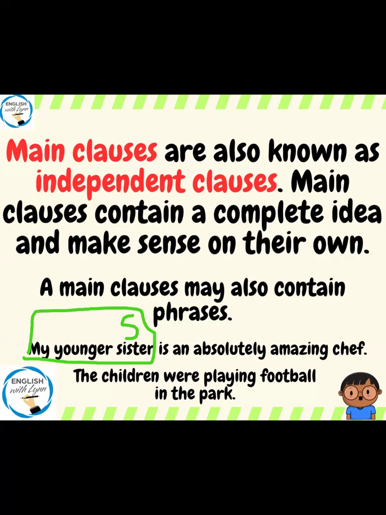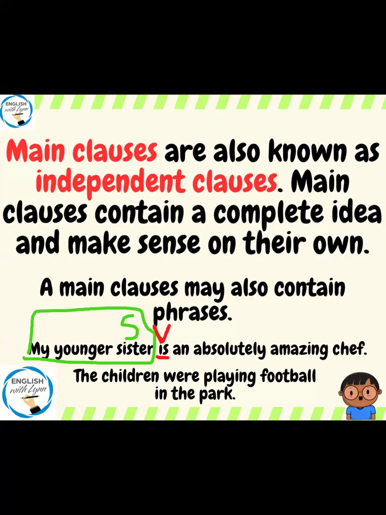Then I have the verb, and within this sentence, the verb is linking the younger sister to being an absolutely amazing chef. So the verb is the word is, and it is used to link the two ideas together.